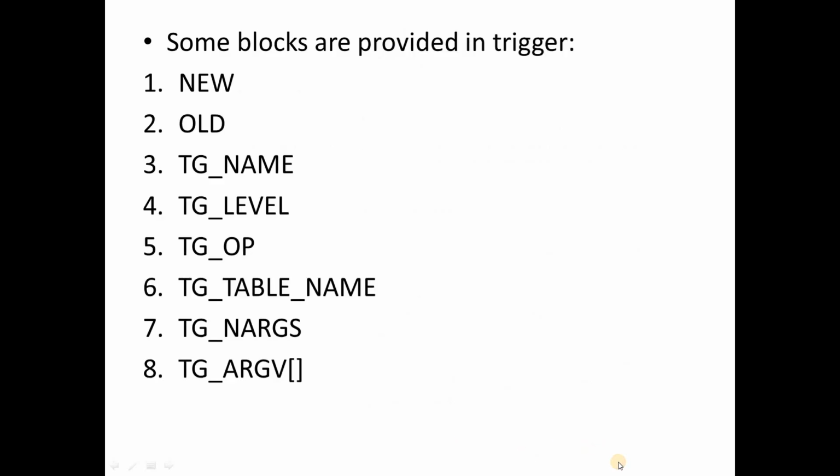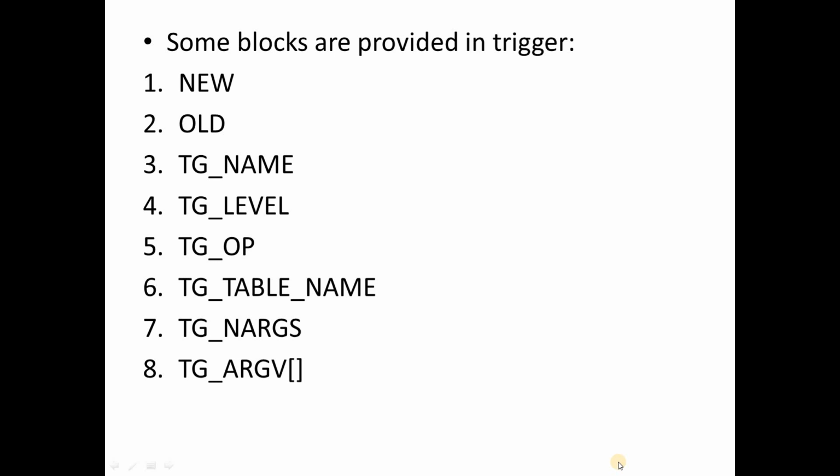Then your trigger supports some predefined blocks or predefined variables, which are helpful whenever we call or apply any trigger to your database. There are 9 types of variables.